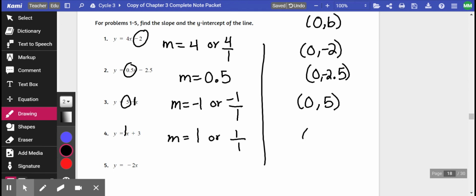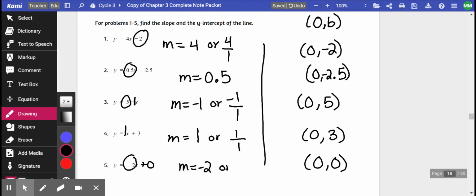And 3 is added, so your y-intercept would be at (0, 3). And lastly, this one doesn't have anything added or subtracted, so that's the same as adding 0. So the y-intercept would be at (0, 0). And your slope is what's in front of your x, so that would be -2 or -2 over 1.